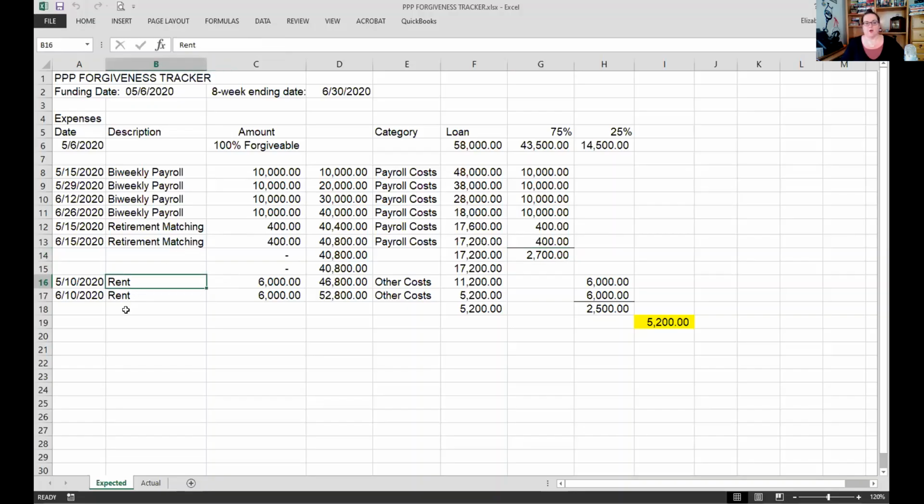Then in the bottom category, right now you're going to pay rent on the 10th of May, the 10th of June, $6,000, you have 14,500 to play with, you still have 2,500 to spend.